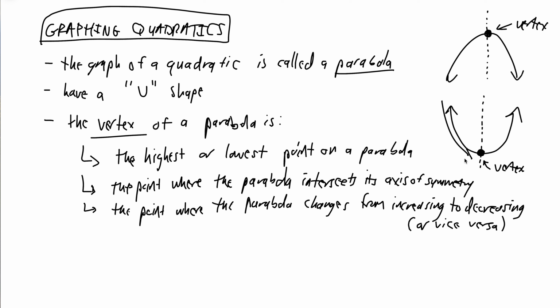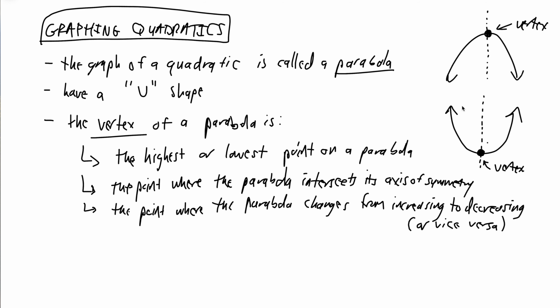So this part, it's decreasing, and then this part, it's increasing. Right here was the point where that changed, right? From us going down to us going up. So the vertex is going to be that point where we change from decrease to increase, or if we're opening downward, we're going to go from increase to decrease. Okay, so something to keep in mind, right? The vertex has a lot of different features for us.